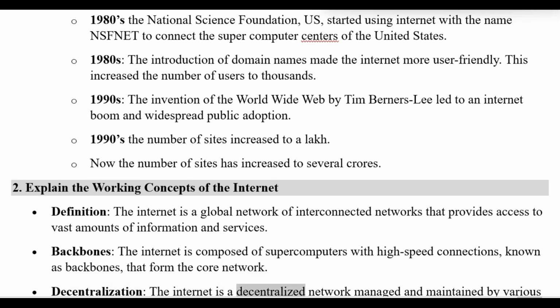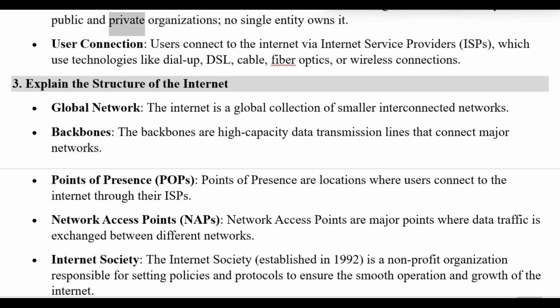The Internet is a decentralized network managed and maintained by various public and private organizations. No single entity owns it. User connection. Users connect to the Internet via Internet service providers, ISPs, which use technologies like dial-up, DSL, cable, fiber optics, or wireless connections.